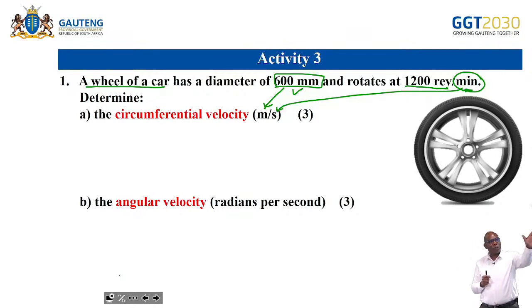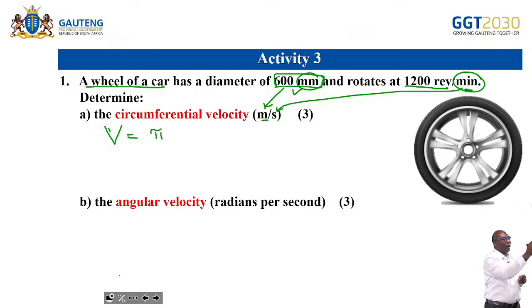Otherwise, if I just substitute that 600 and the 1,200 into my formula, then my answer is not going to be correct, because I will not get meters per second. I'll get millimeters per minute, because I'll have millimeters and I'll have minutes. Now, in this one, I'll have my circumferential velocity.